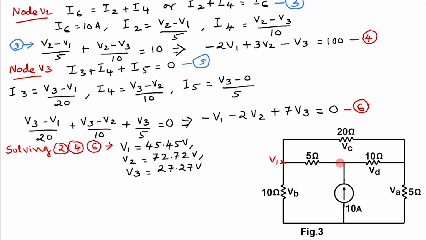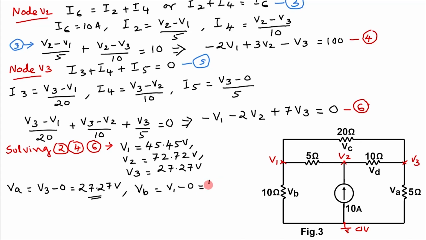Here this is V1, V2 and this is V3, while this is at a ground potential V0. VA is equal to V3 minus 0, that is equal to 27.27 minus 0, which is 27.27 volt. Then VB is equal to V1 minus 0 volt, which is 45.45 volt.